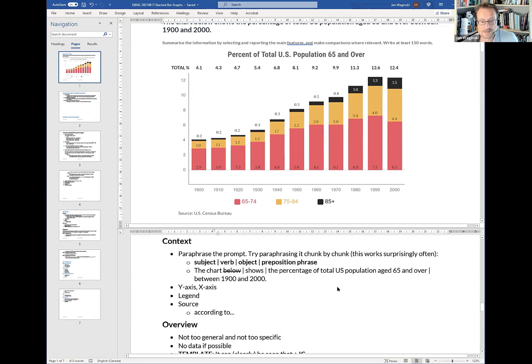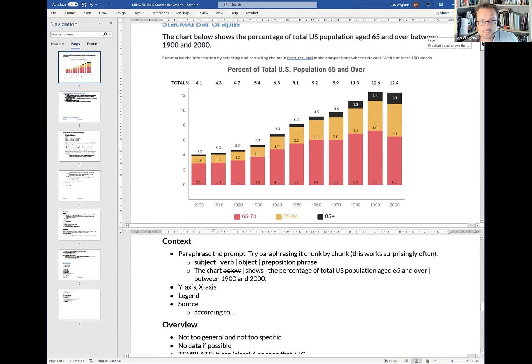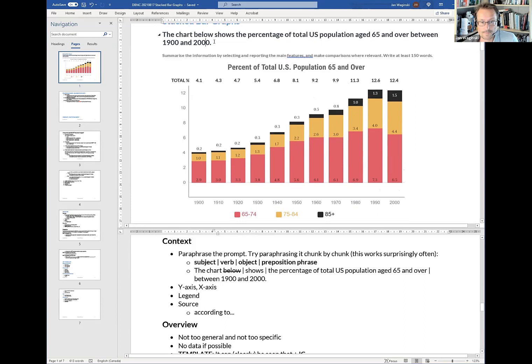One strategy that I advise for this exam, if you're taking the exam, is just chunk the description that they give you and just paraphrase it piece by piece. So in this case, our sentence is, the chart below shows the percentage of total US population age 65 and over between 1900 and 2000.